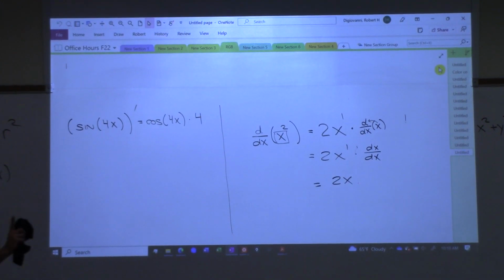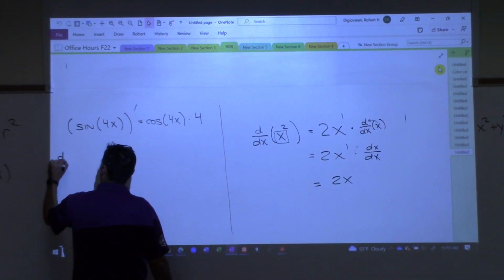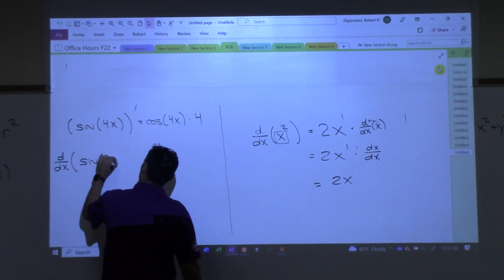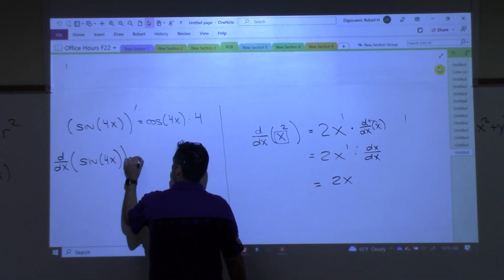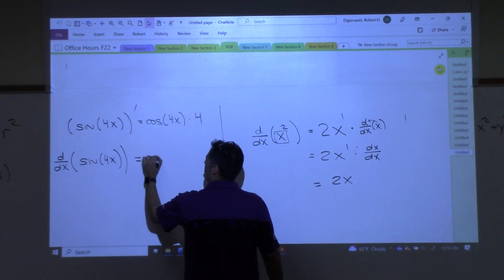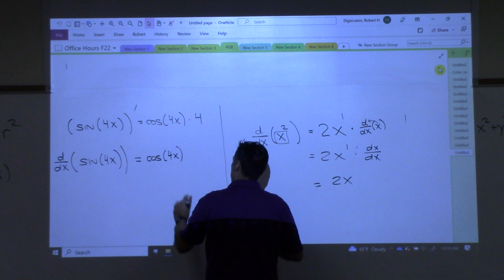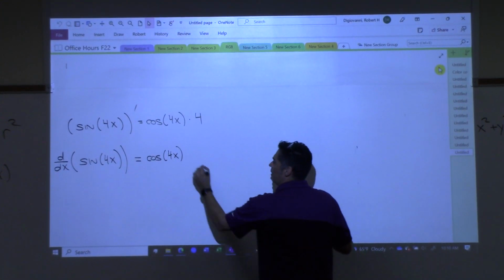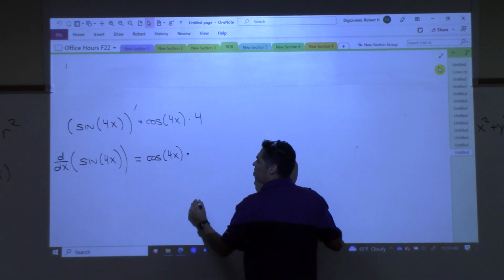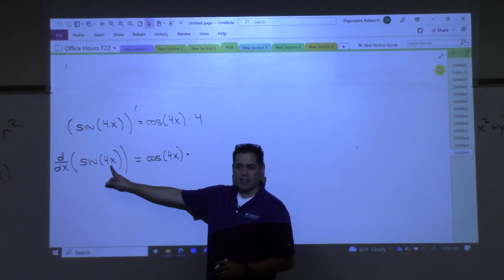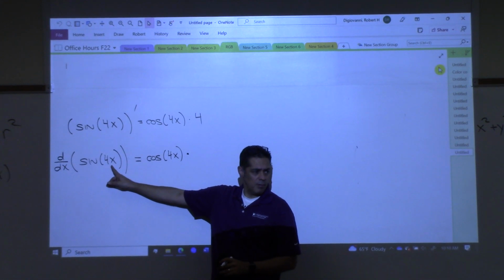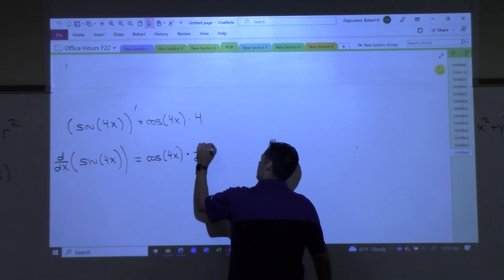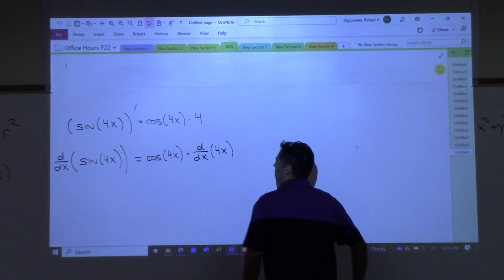Now, let's use a different notation. If I say take the derivative, treating x like your variable, of sine of 4x, we're going to follow the same format. First you start out with cosine of 4x. But now I still need to do what? The derivative of what's in here, right? So I'm going to write it as the derivative with respect to x of 4x.